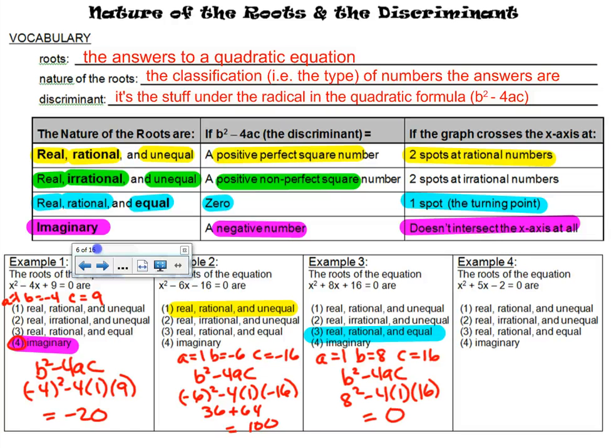So keywords, if you get a zero discriminant, you're going to look for the word equal. That's your key. Or if you have the one spot on the graph, the turning point, that's going to be the word equal. If you get a positive non-perfect square number, the key word you're looking for is irrational in your choices. And then the positive perfect square number, you're going to look for the words rational and unequal. And the negative number, that's the imaginary and doesn't intersect at all.